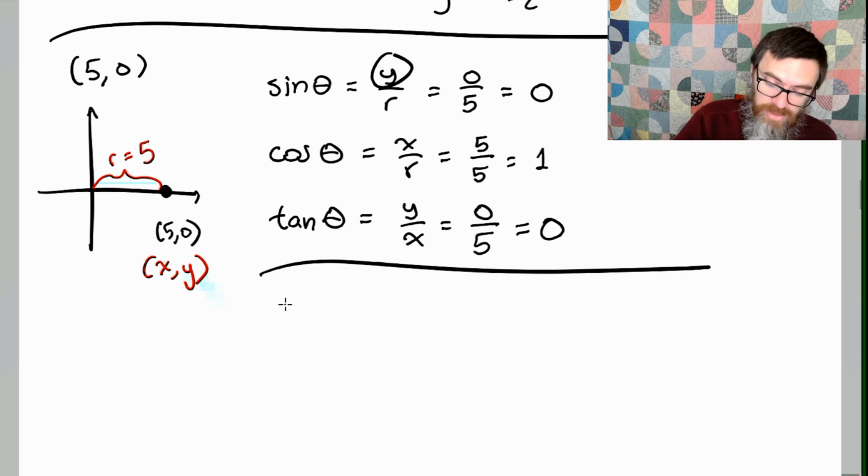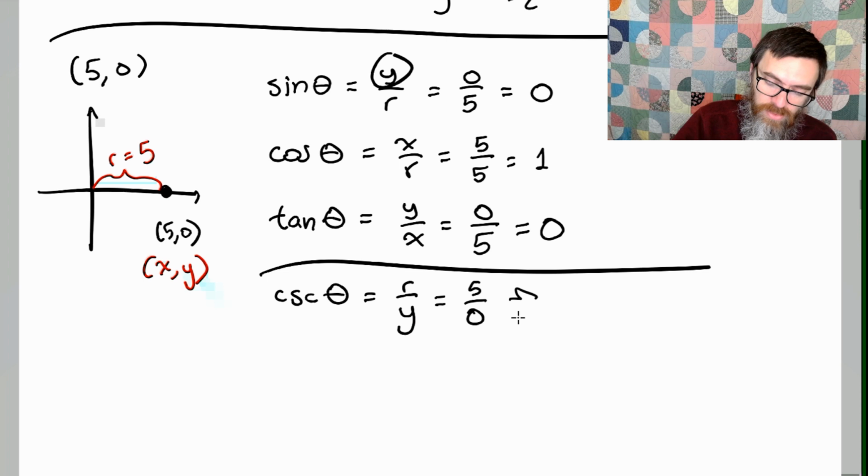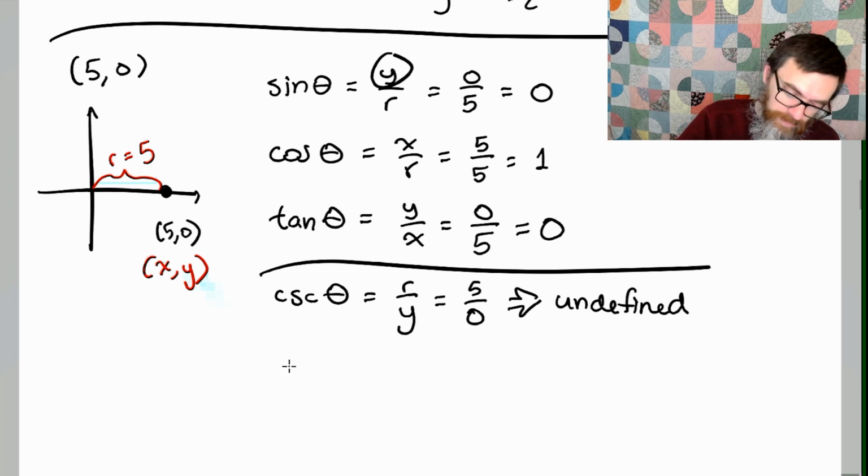Now for those reciprocal ones. Cosecant of theta is r over y. Basically, you're trying to do the reciprocal of 0. So if I have 5 over 0, then this expression is going to be undefined.